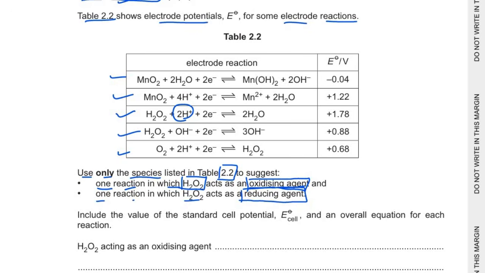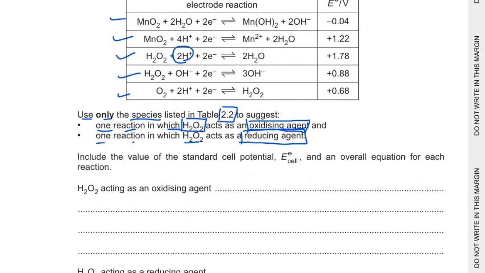So we have to use hydrogen peroxide in both ways. Include the values of the standard cell potential, that is E cell, and an overall equation for each reaction. Now we have to find a species in which hydrogen peroxide is acting as an oxidizing agent.